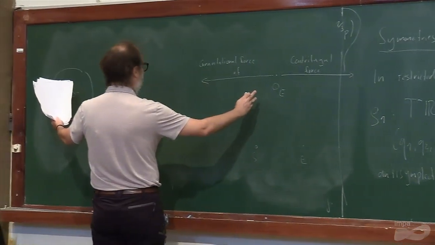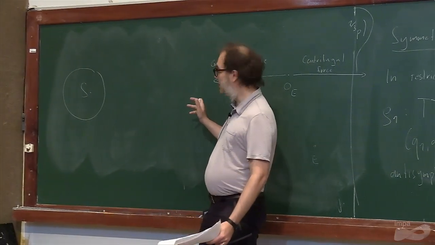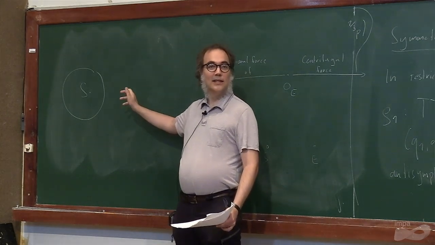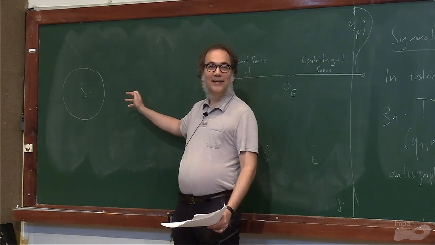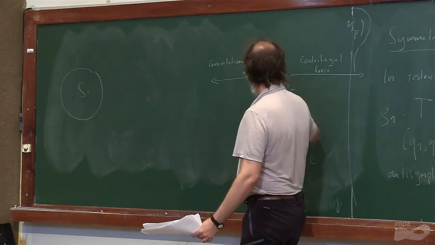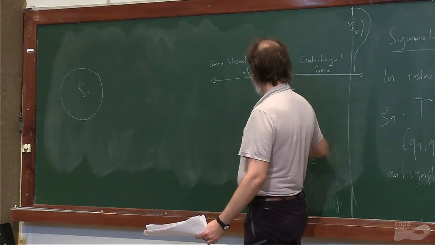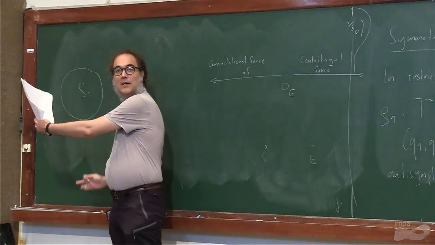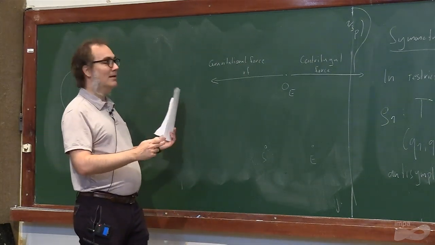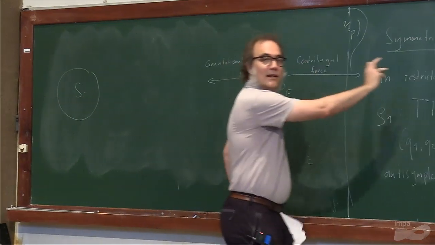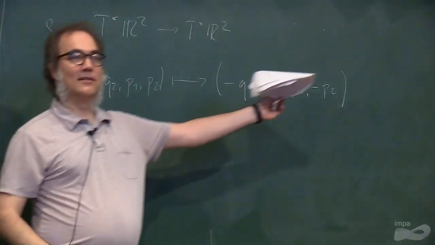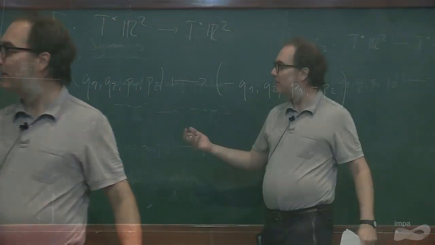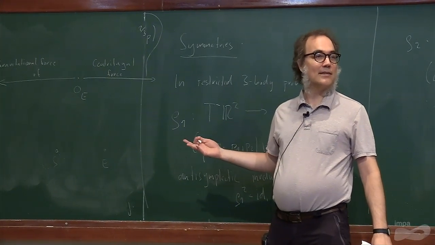You see, how we got to this Hill's lunar problem was definitely not invariant under reflection at the q2 axis, because we moved the sun in one direction. But we could have done the same thing: we could have flipped the sun here and moved it to infinity on the other side. And in the limit, both cases would give the same thing.